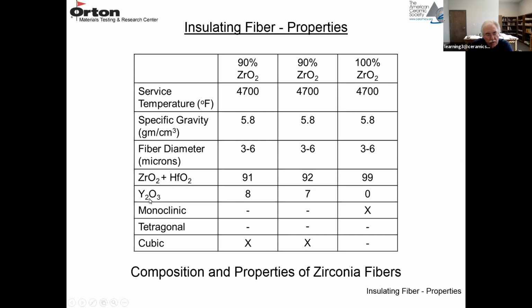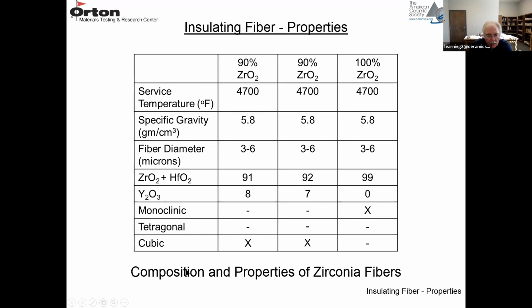A stabilizer used here is Y2O3, yttria, about 8% here, about 7 here. This one has no stabilizer. We'll talk about zirconia when we talk about special refractories in detail and its phase transformations. But without a stabilizer, it's in the monoclinic form. With the stabilizer, it's in the cubic form.